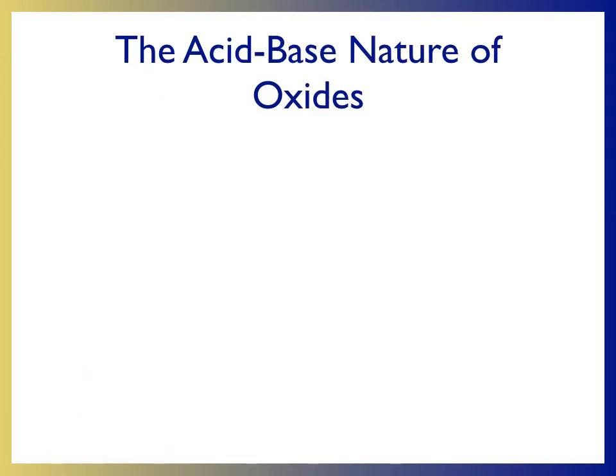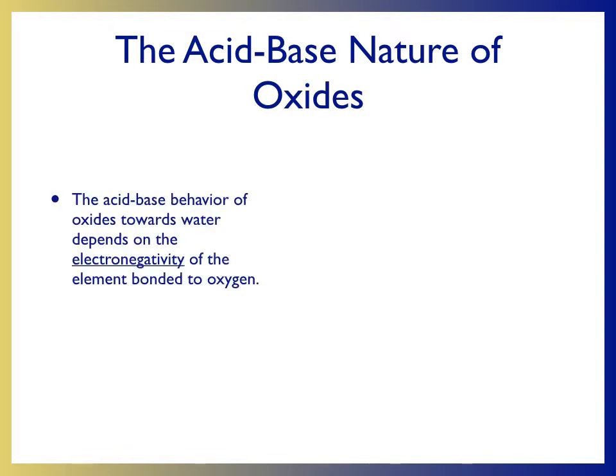Another property of the oxides is that they have acid-base nature. How they'll react to form acidic or basic solutions depends on the electronegativity of the other element. If the electronegativity of the other element is much different than the electronegativity of oxygen, then those oxides tend to make a solution basic.